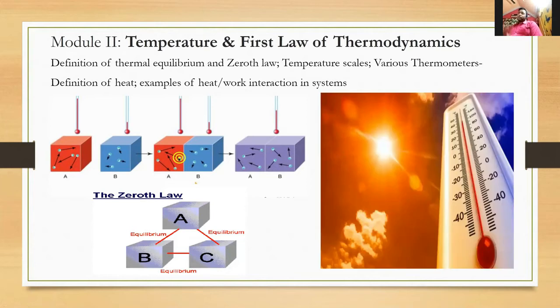From the understanding of the zeroth law is the understanding of the temperature scales, how the temperature scales are developed. We'll go for that: what were the primitive methods of temperature measurement, how the temperature measurement started, how the thermometric property was defined, that will be discussed, and ultimately through that we'll go to the temperature scales.